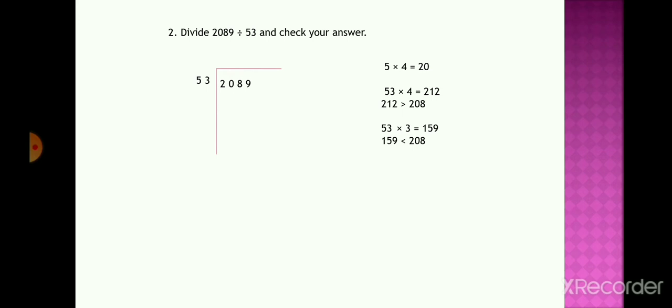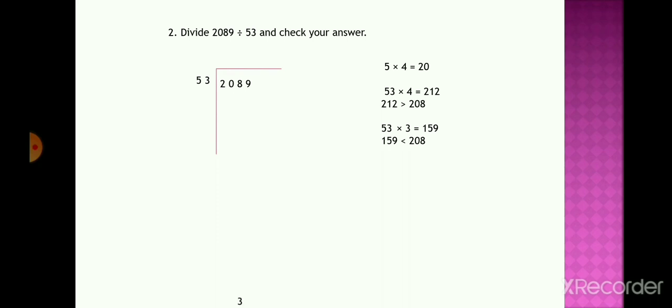Now we should check what 53 fours are. 53 fours are 212. But 212 is more than 208. Am I right? So we need to check with the predecessor of 4, which is 3. 53 threes are 159, and 159 is less than 208.